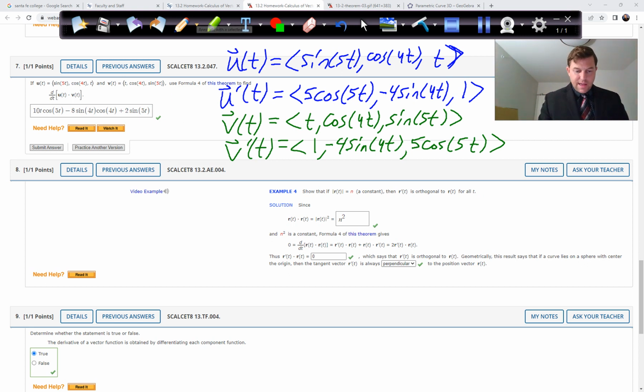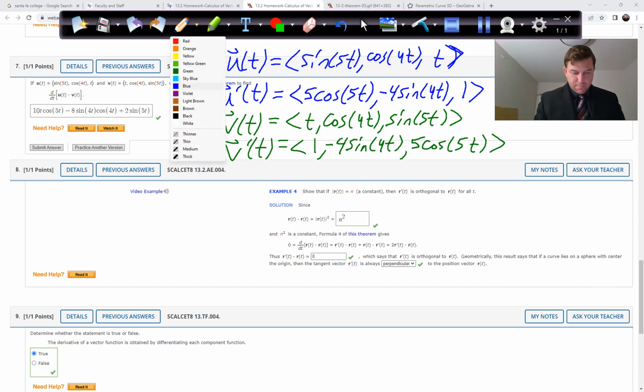Okay, so that equation said, let's see if color can really help us here. Take the derivative of the first dotted with the second left alone, plus take the first left alone dotted with the derivative of the second. And we're going to add those two results. So let's try violet.